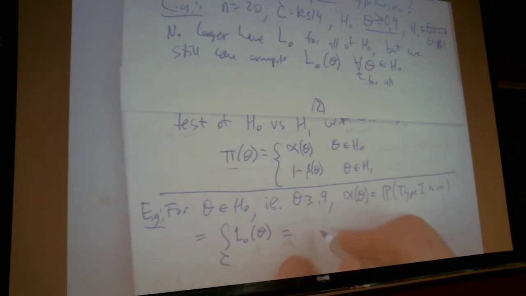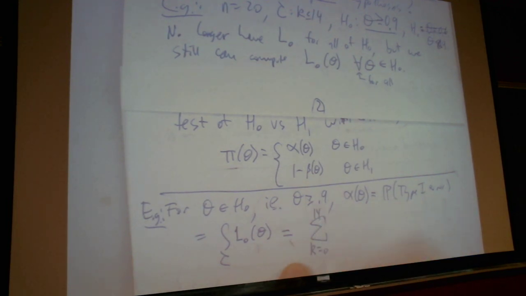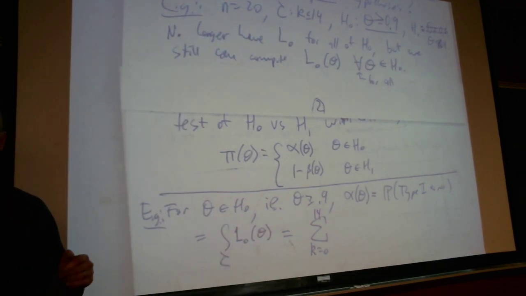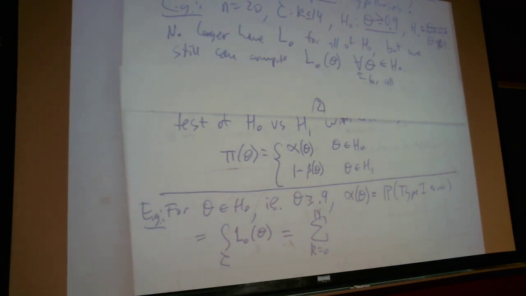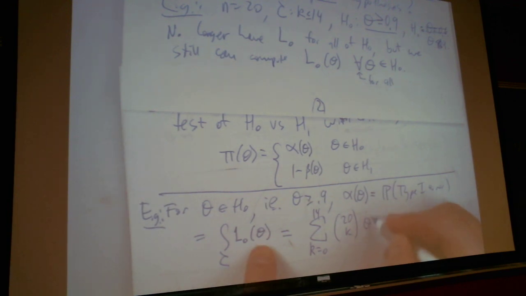In other words, that's a sum over k from 0 to 14. And then what is the likelihood function of that particular outcome? We flipped a coin 20 times, and we saw k heads. Yeah, 20 choose k, theta to the k, 1 minus theta to the 20 minus k.